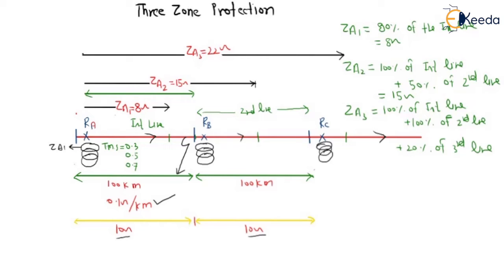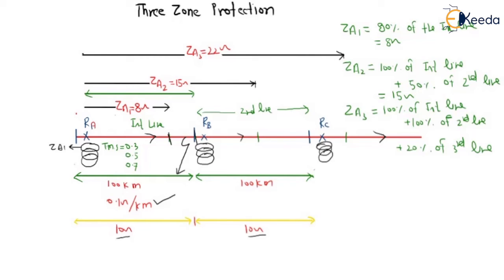But the time multiplier setting of disc number 2 is less, so disc 2 will move. If disc 2 moves, then this relay will operate. It means we can understand that the fault occurs between 80% and 100% of the line.